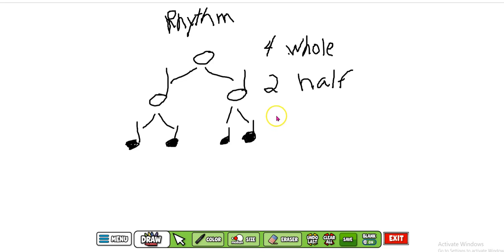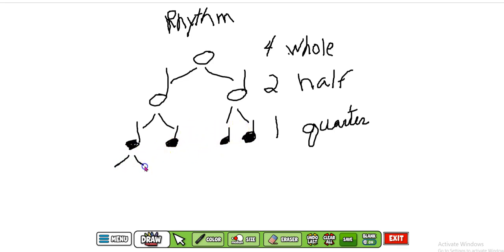Each quarter note equals 1 beat. Quarter. It's a little easier to do cursive with mouse. Okay. 1 beat. Ta, ta, ta, ta.